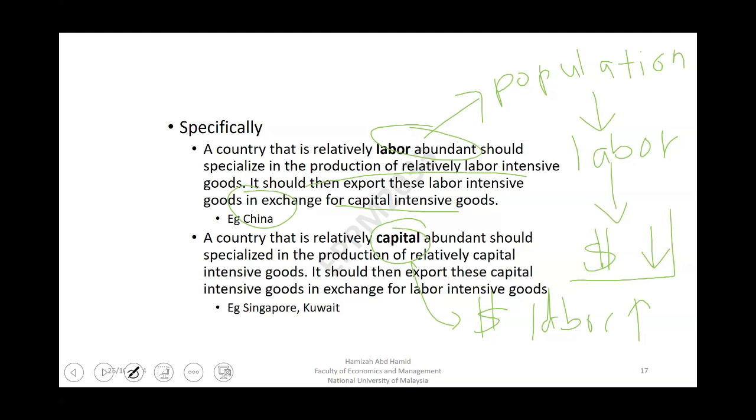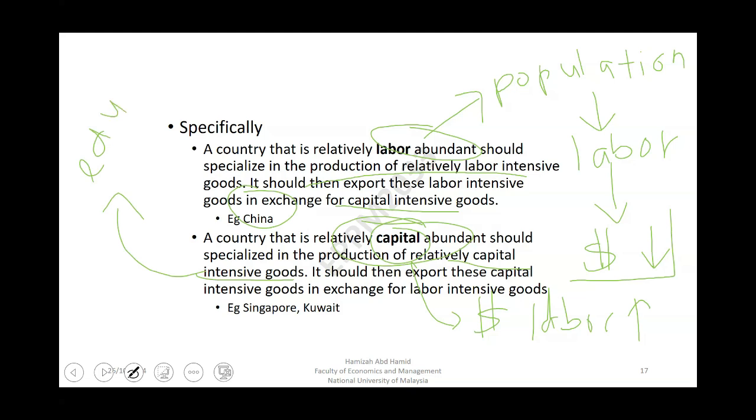They can sell this and receive money from countries that are capital abundant. So, a country that is relatively capital abundant should specialize in the production of relatively capital intensive goods. What are relatively capital intensive goods?